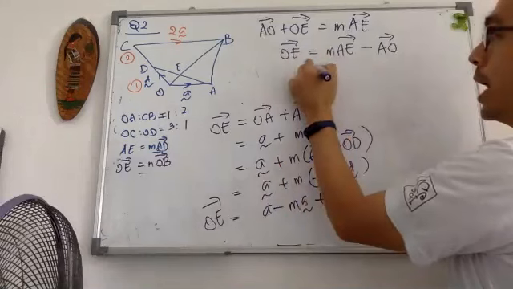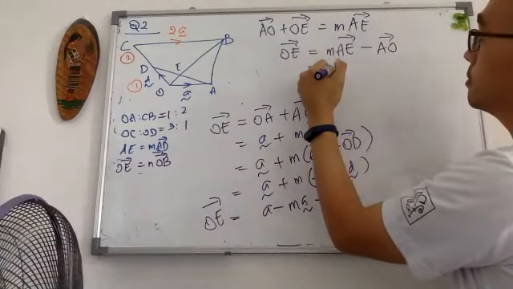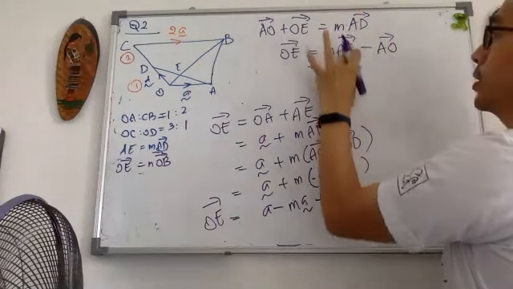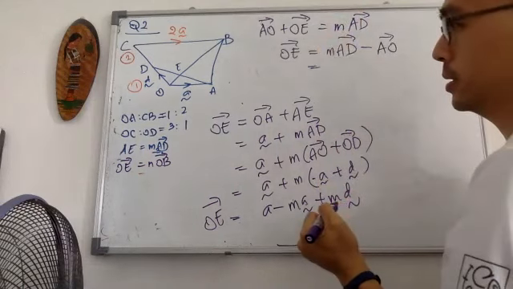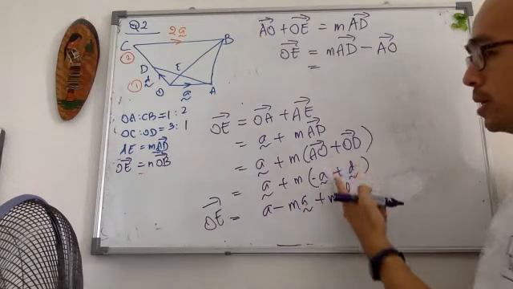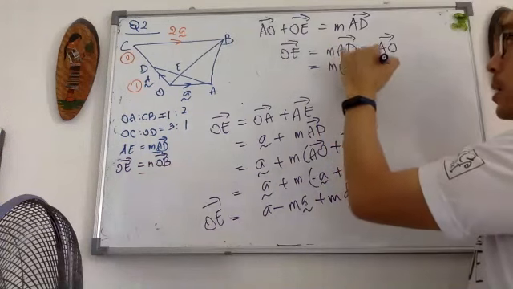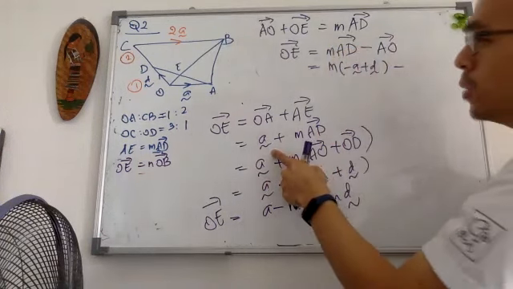And if I do M AD, sorry, my bad, M AD. And then AD will be this one. M times minus A plus D, minus AO. AO is, how do I put the N inside?